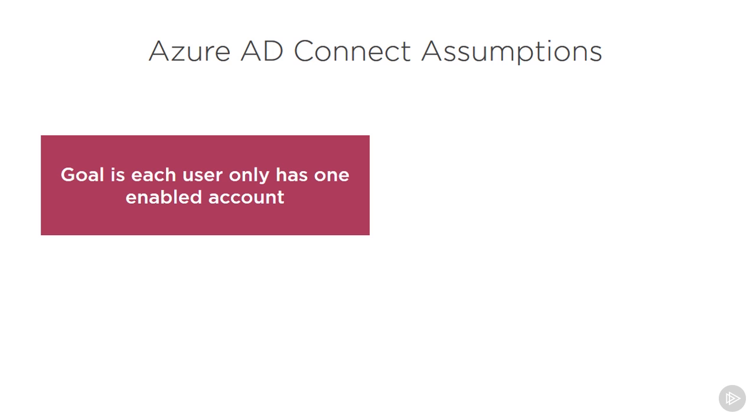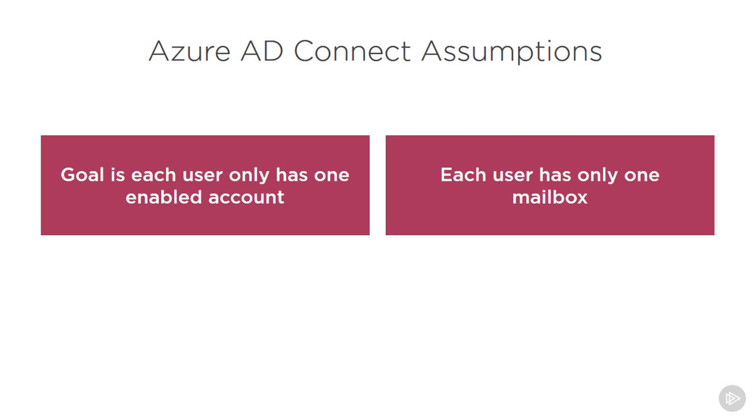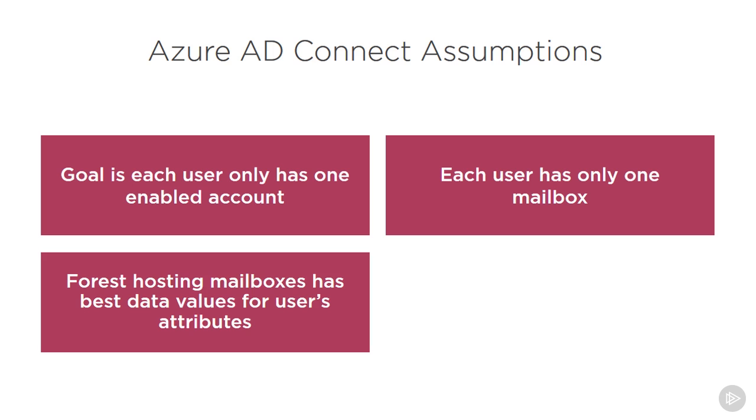First off, our goal is for each user to have only one enabled account. Secondly, each user is going to have only one mailbox. The third assumption is that the forest hosting the mailboxes is going to have the best data value for the user's attributes. So if there's any confusion or conflict, it'll look at the attributes in the Global Address List.